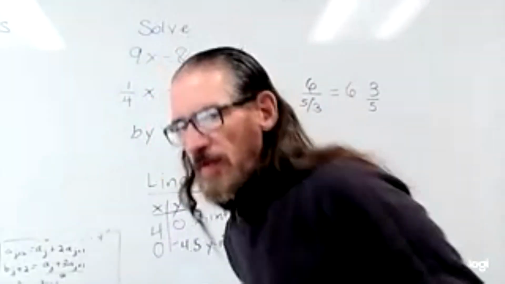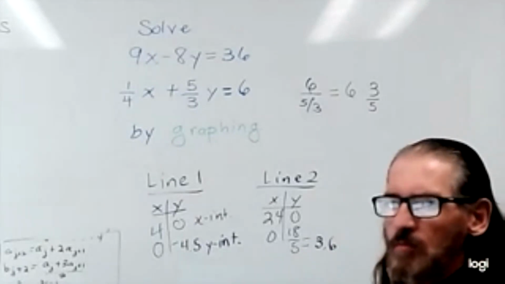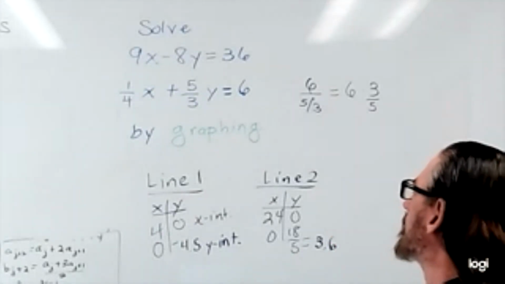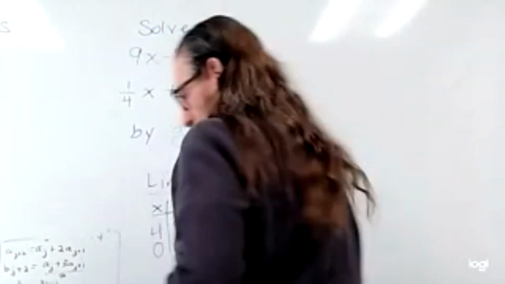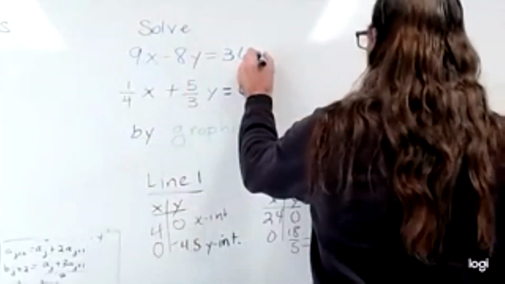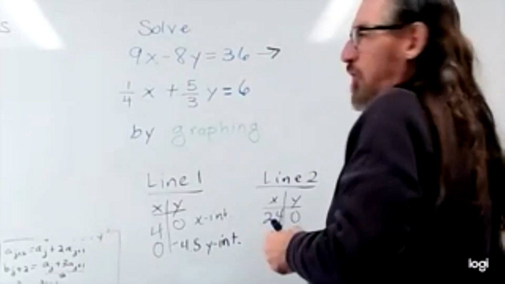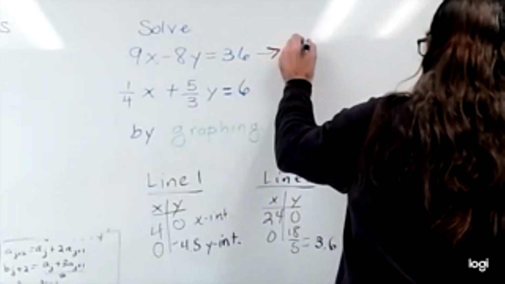On the other hand, since I said that I would be showing both approaches here, let's see here. If I solve each of these for Y to get the slope and Y-intercept, let's see, subtract 9x.